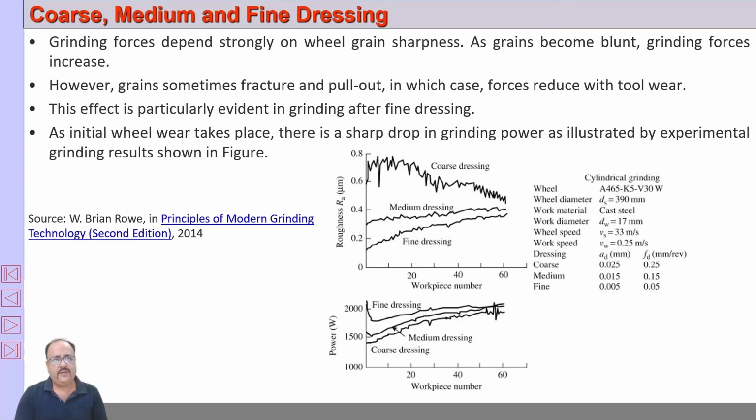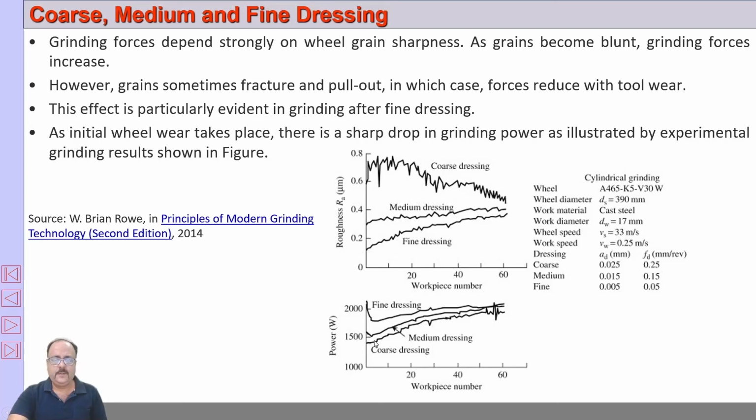This is a graph showing the coarse grain, medium coarse grain, and fine grain, and how they affect the roughness. You can see the roughness is initially high for coarse grain, and for fine grain the roughness obtained is fine initially, and then the roughness increases with the number of workpieces being done.